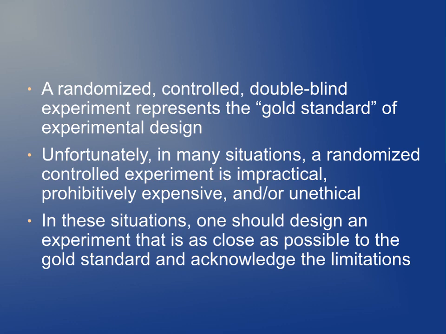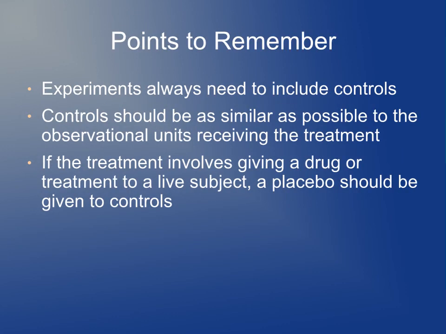So, things to remember for today is that experiments always need to have some type of controls, and you want to make the controls as similar as possible to the experimental units receiving the treatment. And if the treatment involves giving a drug or a treatment to a live subject, you always want to use a placebo.